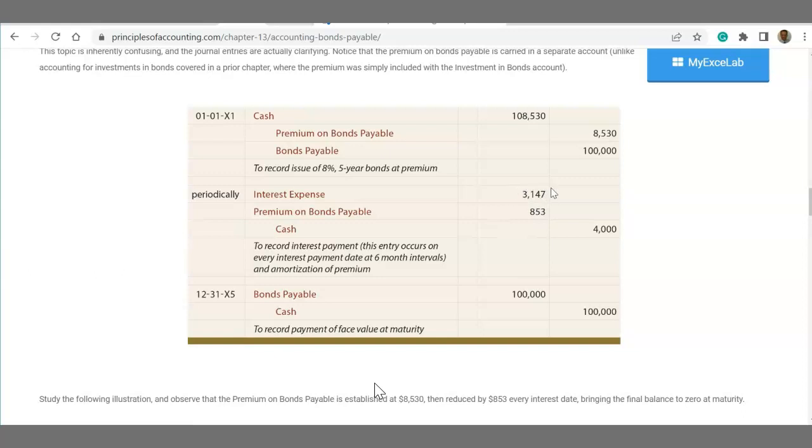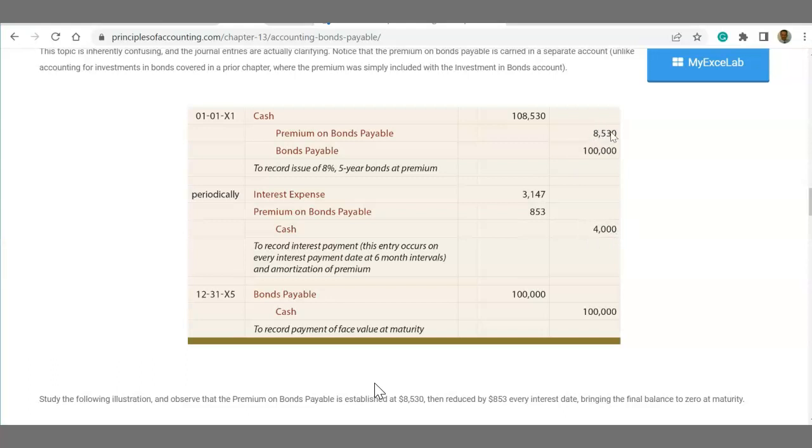Instead of the $4,000 interest expense that I paid here, I record less expense, but because of that, I reduce the liability. I keep reducing this liability for another 9 times, and all of a sudden, the complete $8,530 liability is completely gone because I already paid you what? A lot of interest here.